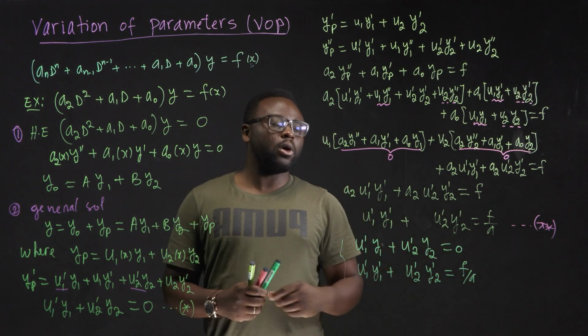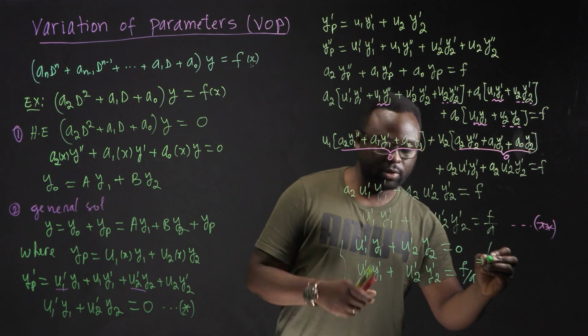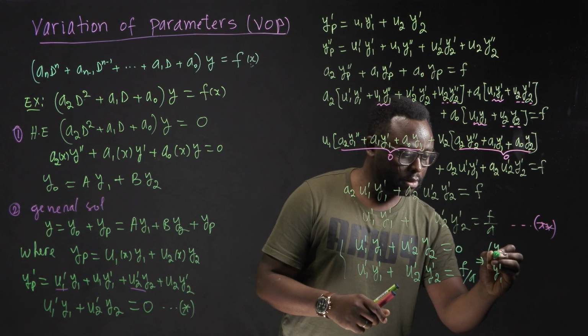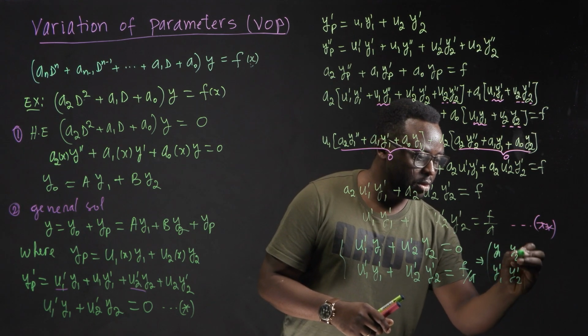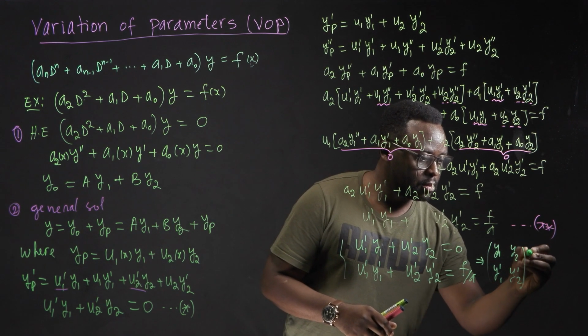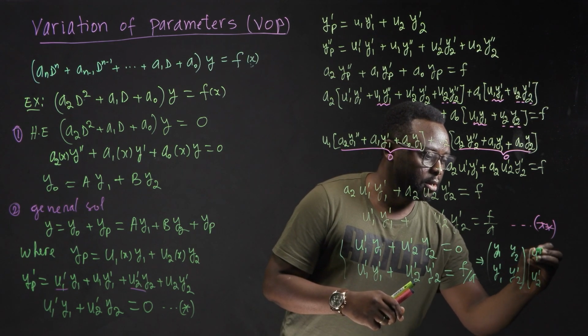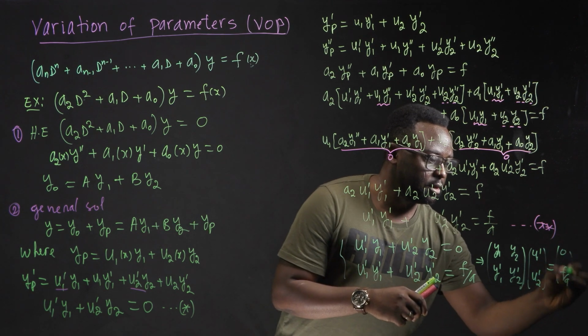So this is what we obtain, okay? And this is equivalent to, you can write this as a matrix. So this is y1, y1 prime, y2, y2 prime, times u1 prime and u2 prime is equal to 0 and f over a2.